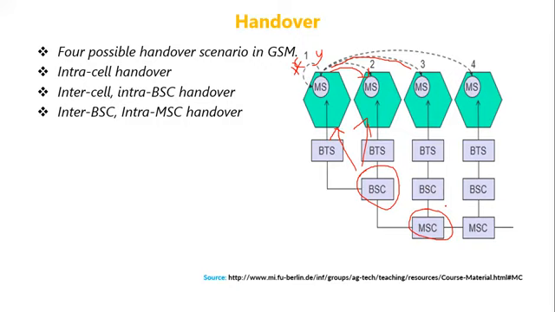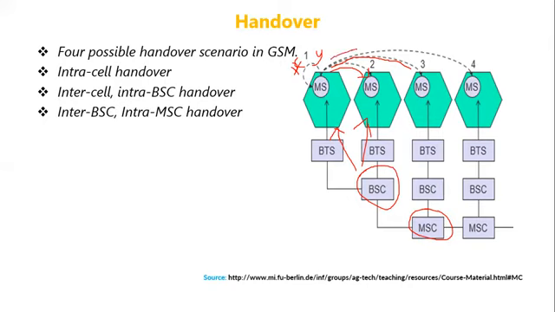Because a BSC only controls a limited number of cells, sometimes GSM also has to perform handovers between cells controlled by different BSCs. So this handover will be controlled by the MSC. Inter-BSC or intra-MSC handover will be controlled by MSC. And the next type of handover we have is inter-MSC handover.